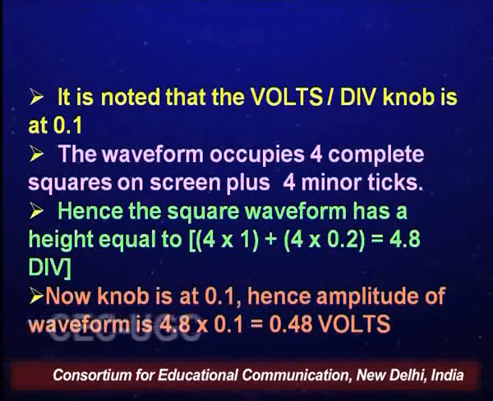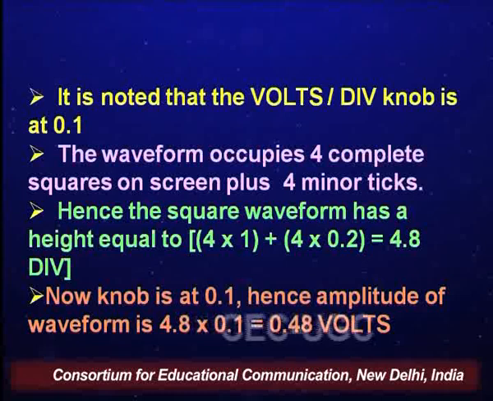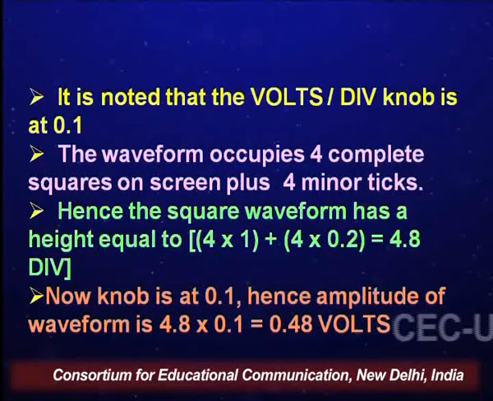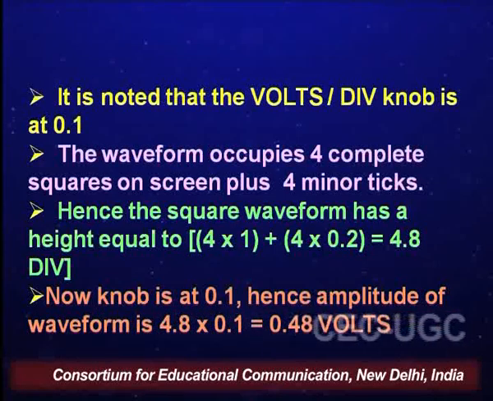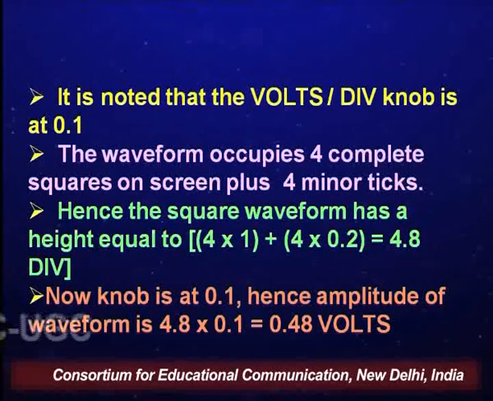We see that there are 4 complete squares on the screen plus 4 minor ticks. Hence the square waveform that you see has a height equal to 4 into 1 plus 4 divisions into 0.2, that is 4.8 divisions.